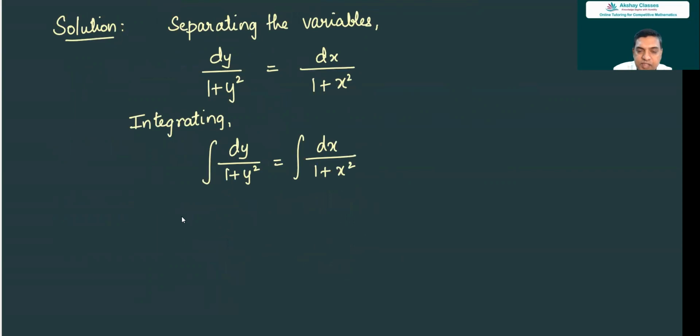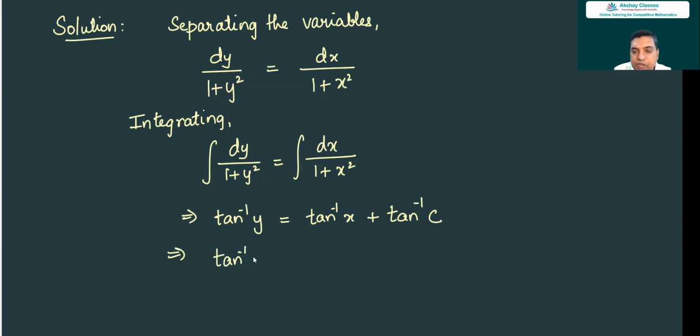So what is this? Tan inverse y is equal to tan inverse x. Of course, you should have a constant. It is a must. So we can write the constant as tan inverse c. It will be easier because we can omit the tan inverse. So we get tan inverse of y minus tan inverse of x equals tan inverse c, or we can write it in this form.